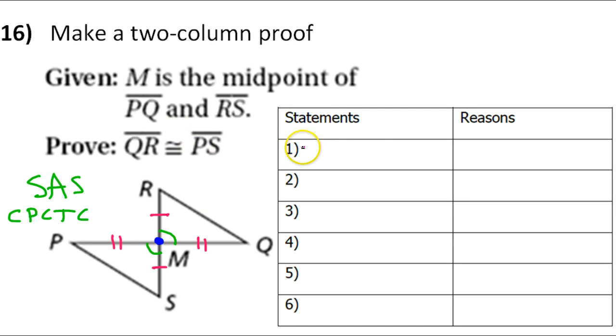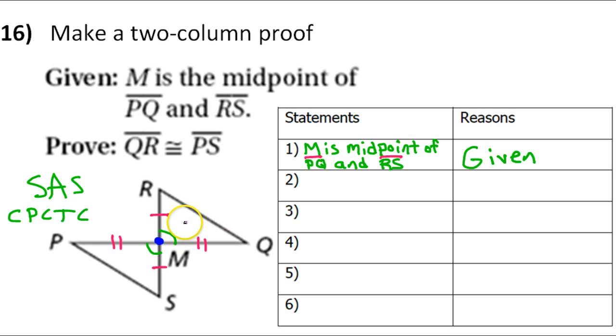Okay, so here we go. First, we're going to state the given. M is the midpoint of PQ and RS. That is given.